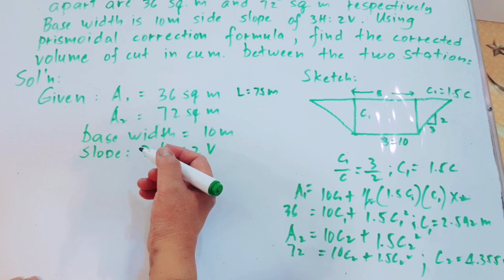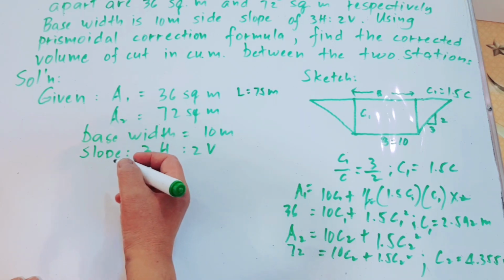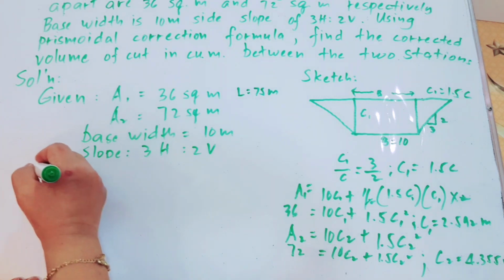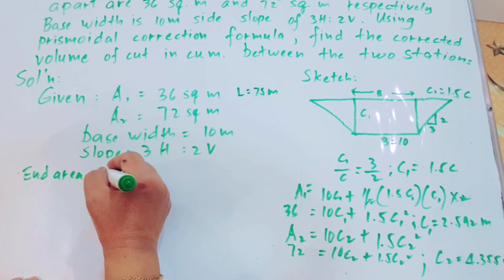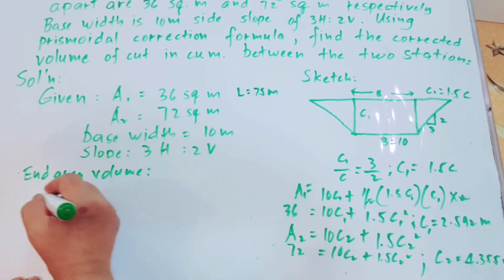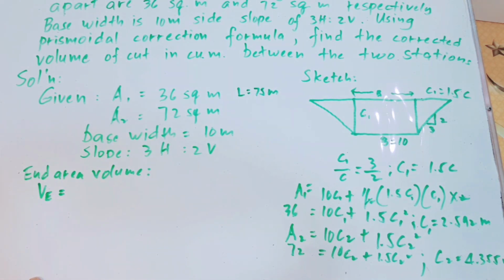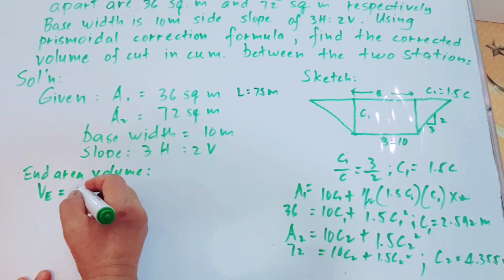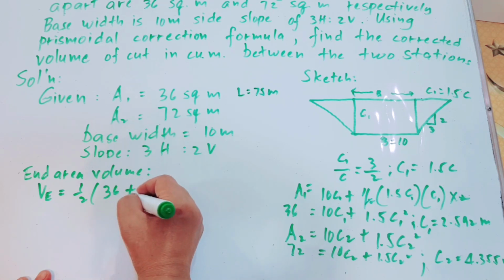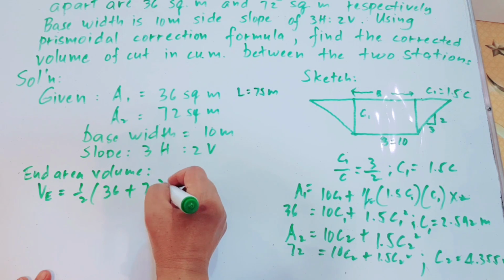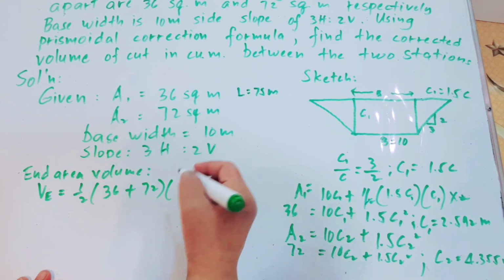We designate it as VE, which is equal to 1/2 times area 1, which is 36, plus area 2, which is 72, times the length, 75.